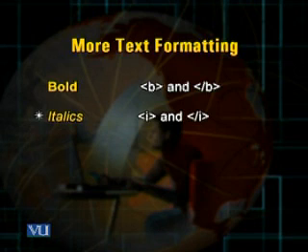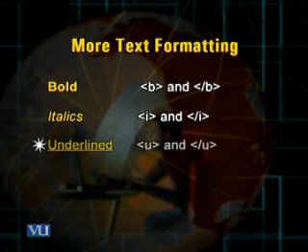Then the italic tag, the I tag: the information contained between the italic tags would be converted into italic format. For underlining, we use the U tag. Again, I have enclosed the word and, so when the code is processed, the word and would automatically be underlined because of the U tag.